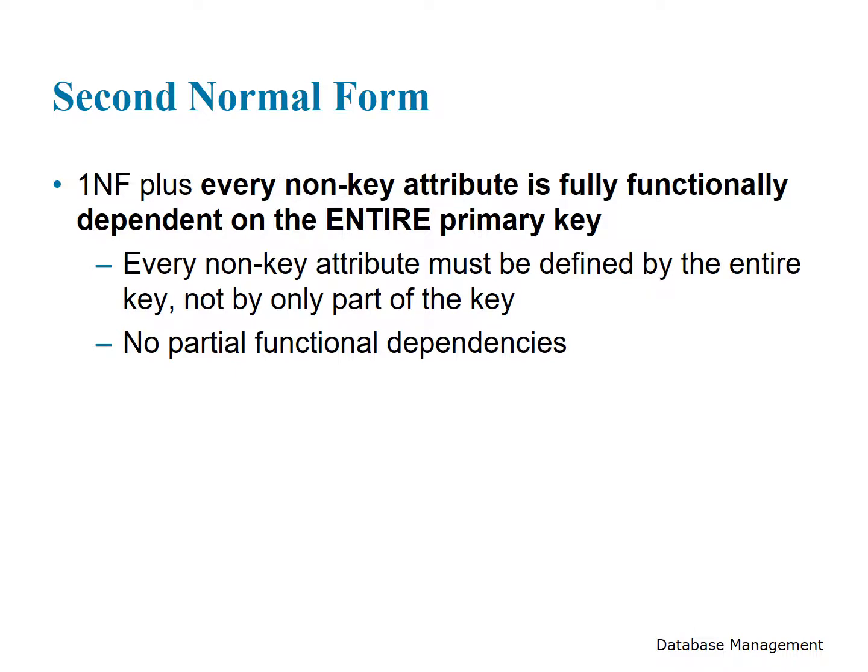You can remove many of the redundancies and resulting anomalies in the invoice relation by converting it to second normal form. A relation is in second normal form if it is in first normal form and contains no partial functional dependency. A partial functional dependency exists when a non-key attribute is functionally dependent on part, but not all, of the primary key.